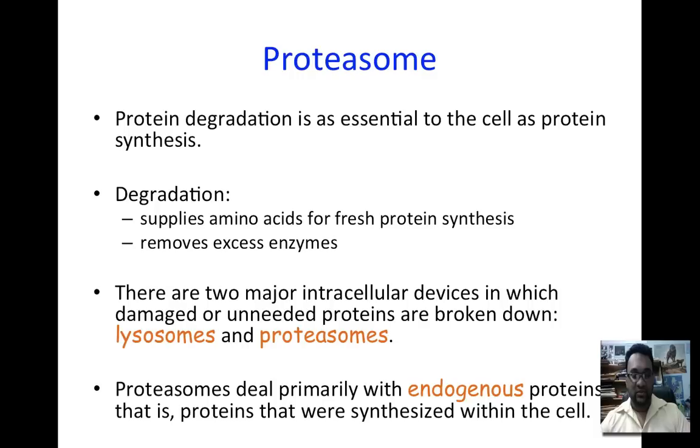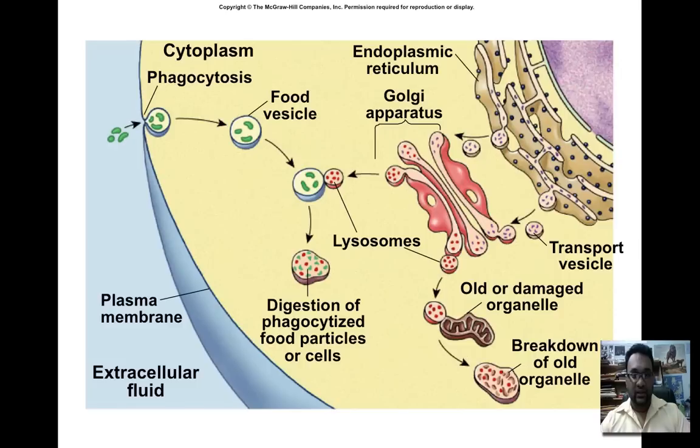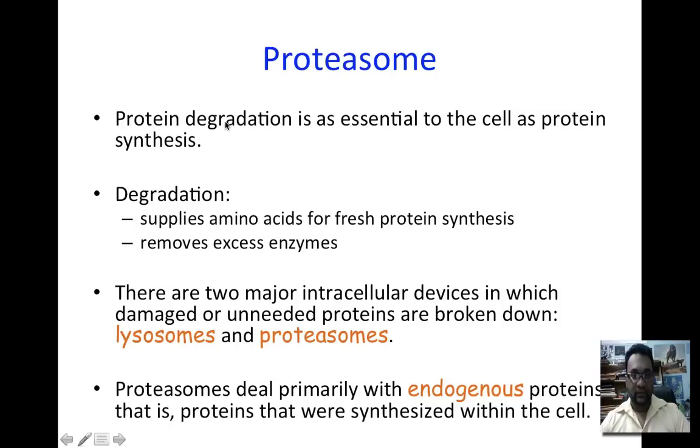We have the lysosomes, which we discussed in the previous slides, and now the proteasomes. The proteasomes deal primarily with endogenous proteins, that is, proteins that were synthesized within the cell. So if you look at the slide before, you saw that the lysosomes were more responsible for particles that were outside of the cell.